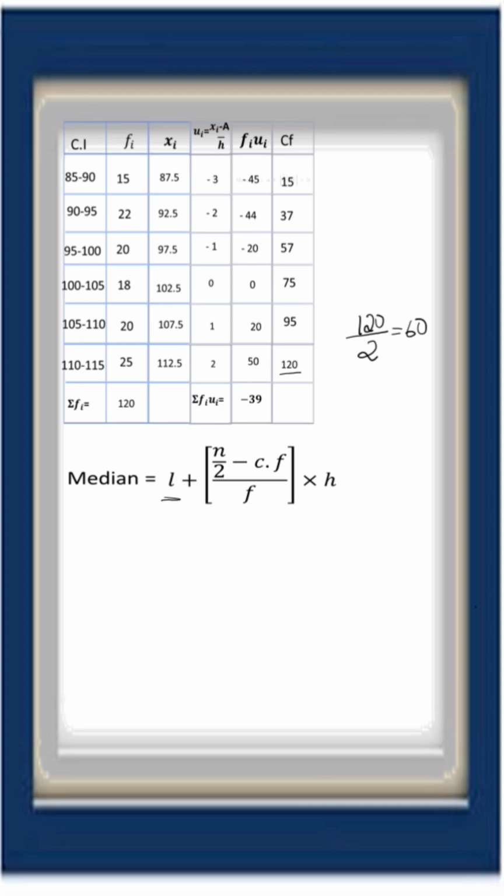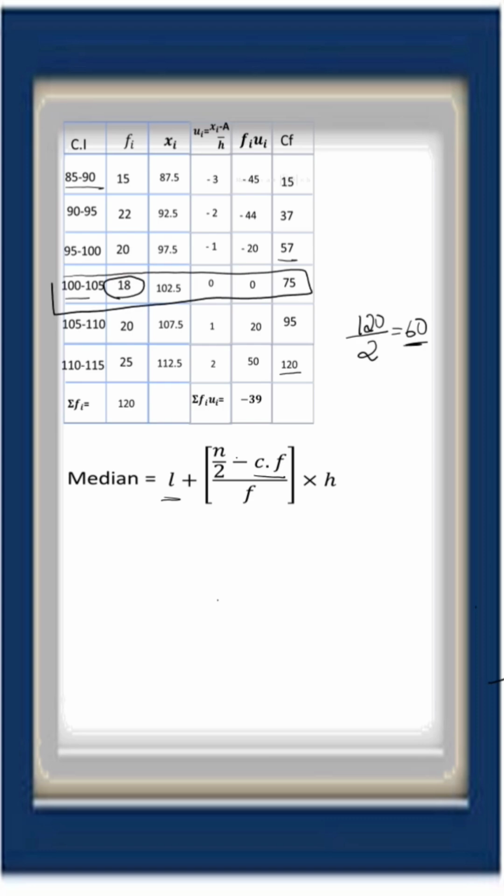So median class is this one. So lower class limit is 100, n by 2 is 60, cumulative frequency is the cumulative frequency of the previous class interval, that is 57, f is 18, h is 5 as before.